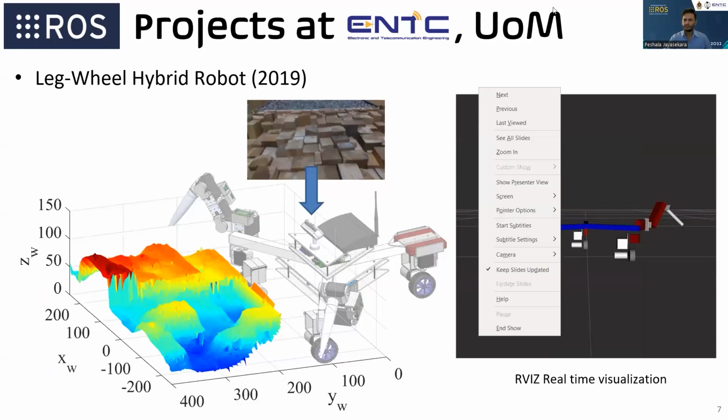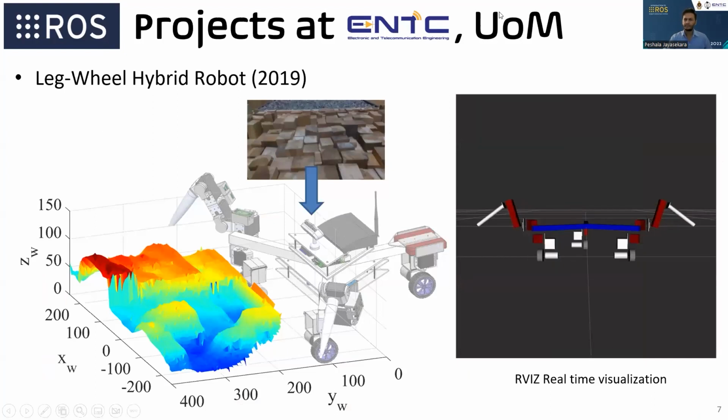you can see some visualizations we had with our robot. From the left-hand side, you can see what the robot sees as it tries to go through this box-type terrain. From what the robot sees, we create what we call a digital elevation map, or DEM.